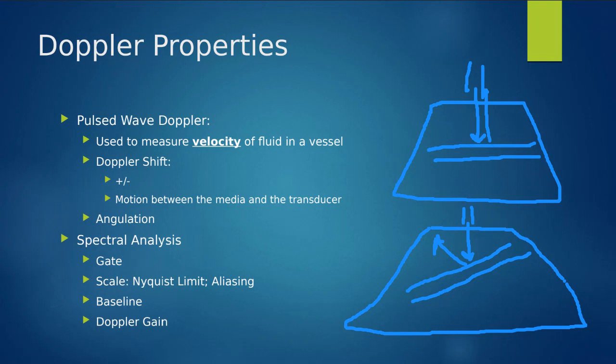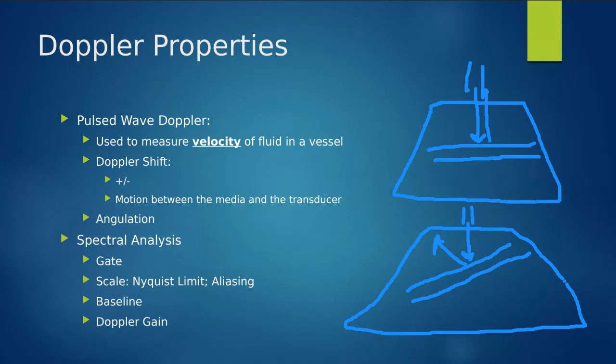But really quickly, let's talk about what spectral analysis is. Say you found a vessel, you put color on your vessel, and now you want to sample the velocity. You want to measure the velocity, so you're putting your pulsed wave Doppler on. When you hit that control, you are going to get a little portion of the screen that pops up underneath our image. It's going to be moving kind of like an EKG or an ECG machine, right? It's moving over time.